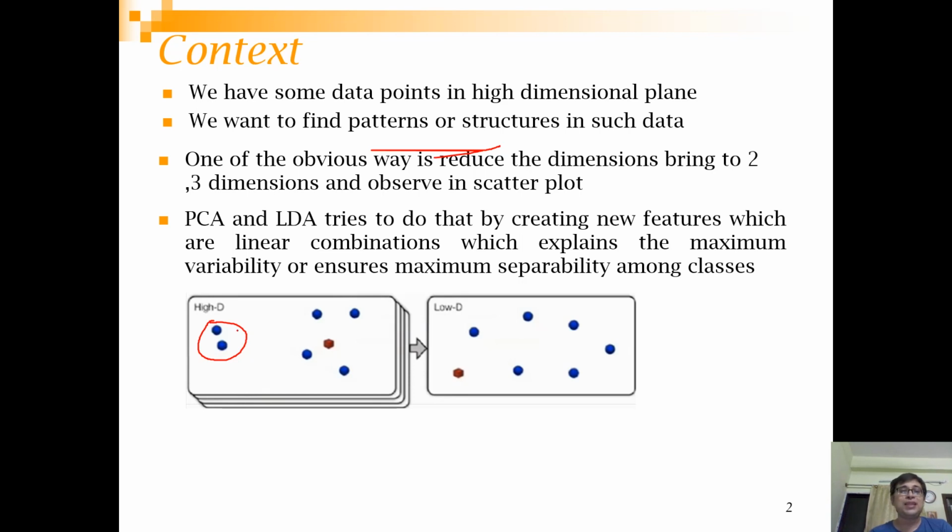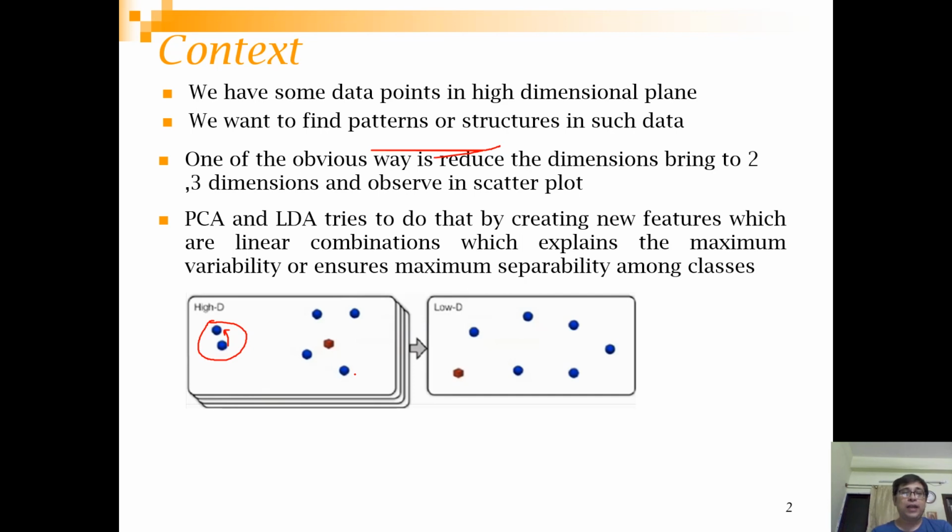What do we mean by this? We mean that if this point is the nearest neighbor in high dimension, this should be preserved when we take this to a 2-dimension plane. And this is not only true for this point, this should be true for all other points.